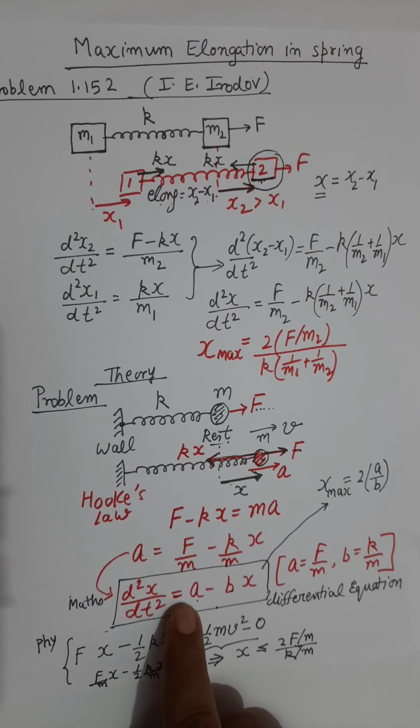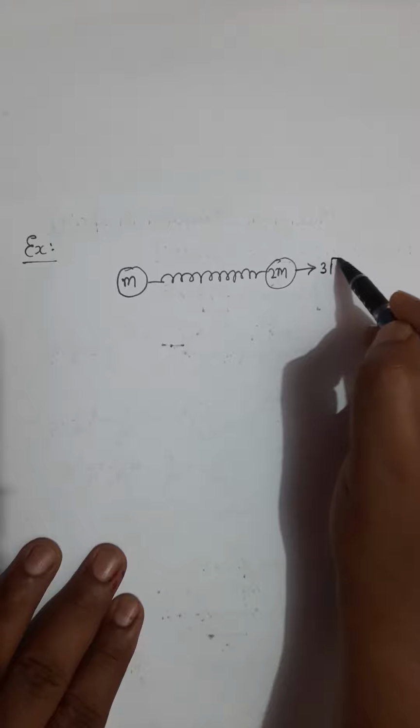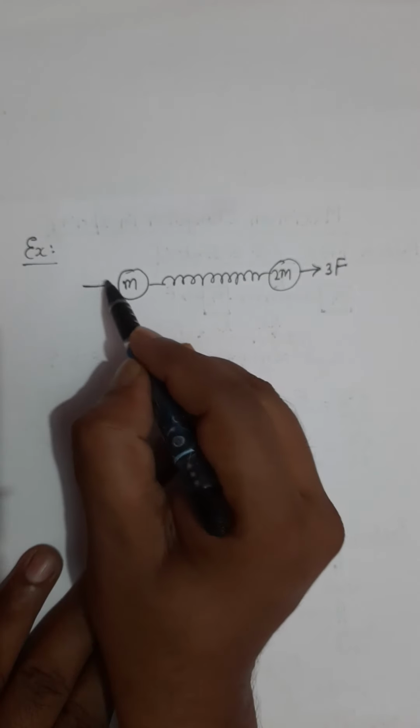I will give one more example for a better understanding. Let's say we have two masses. Let's say we have mass m here. Attached to that mass we have a spring, and another mass is 2m. You apply a force of, suppose, 3F on this mass and F on this mass.